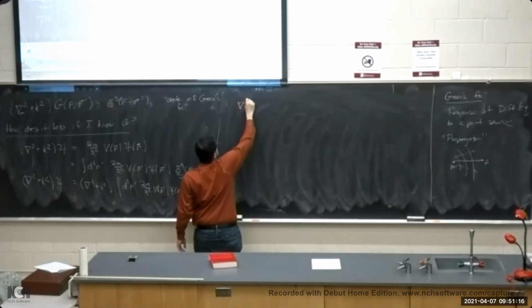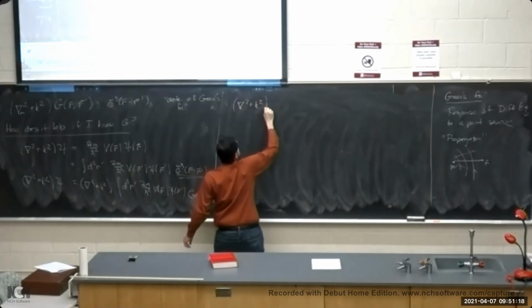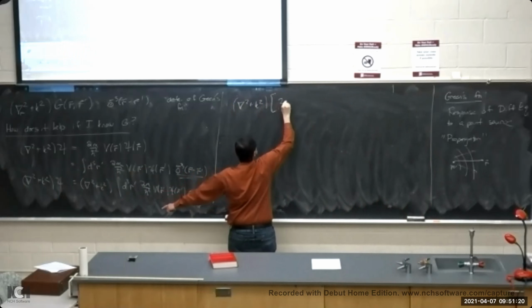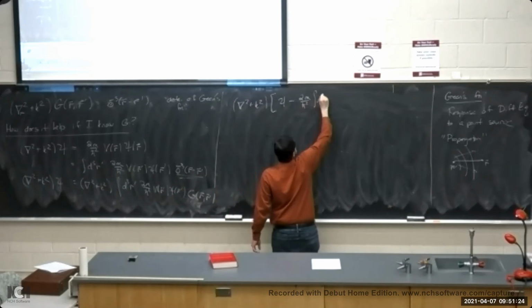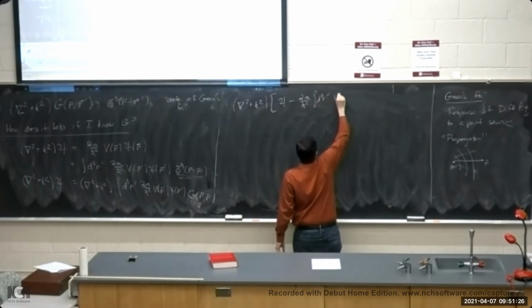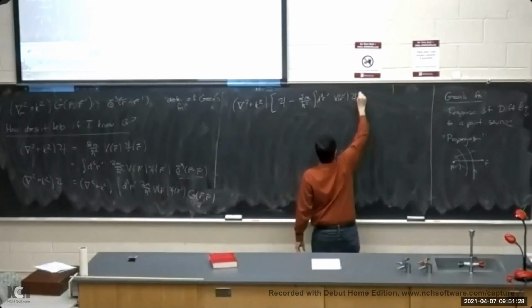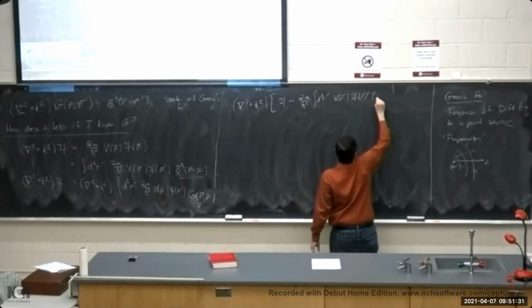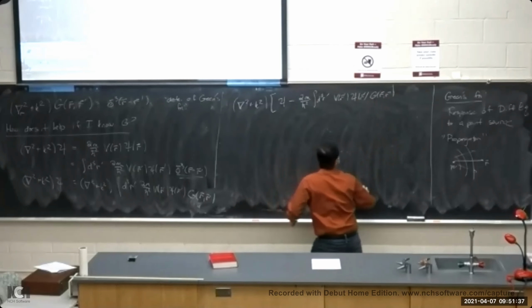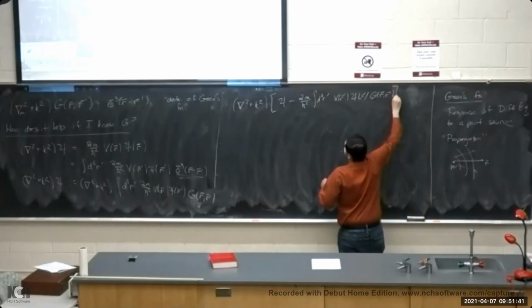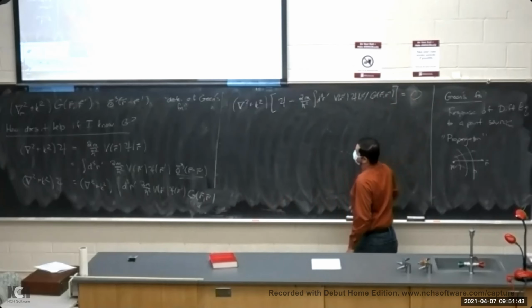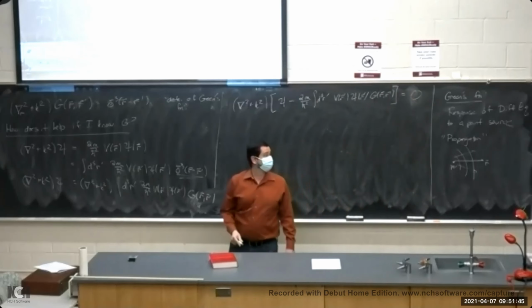So this tells me Laplacian plus k squared acting on the whole combination, psi minus 2m over h bar squared integral d3r prime, V of r prime, psi of r prime, Green's function or propagator of r and r prime, is equal to 0.